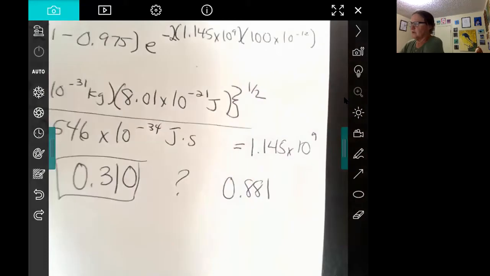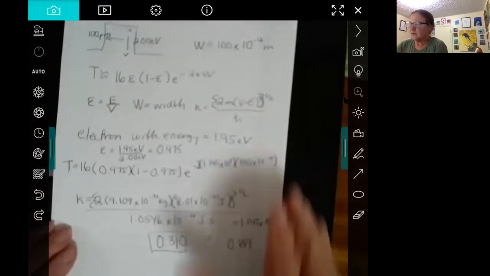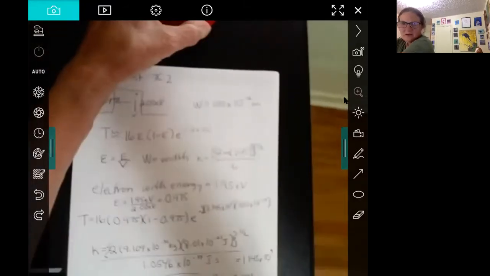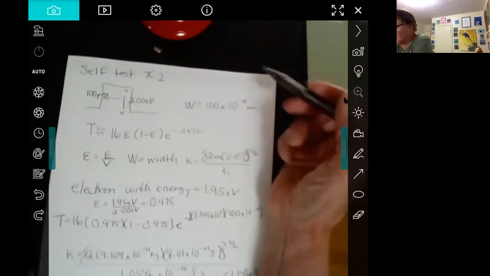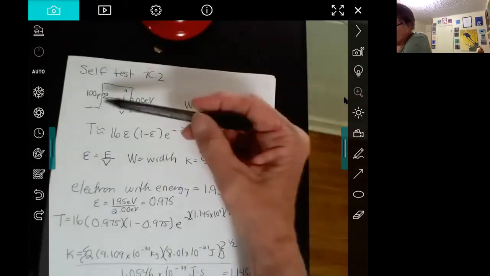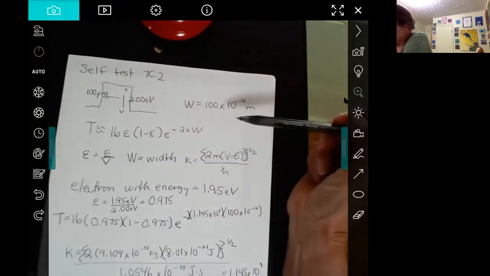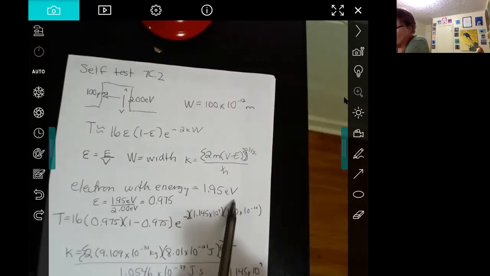It tells you that we have, what particle? We have an electron, and it has the energy, electron with energy 1.95 electron volts.